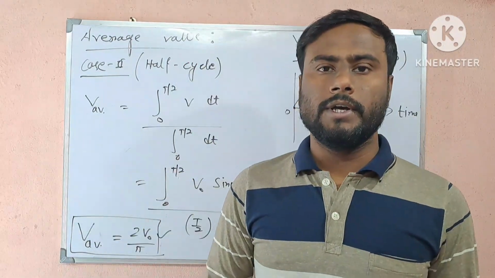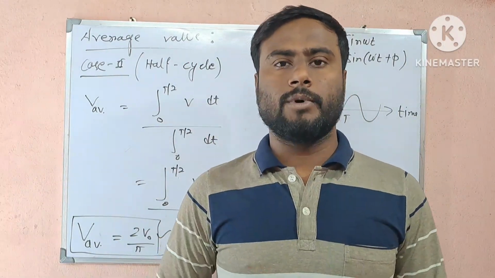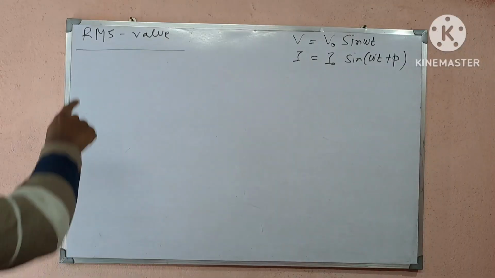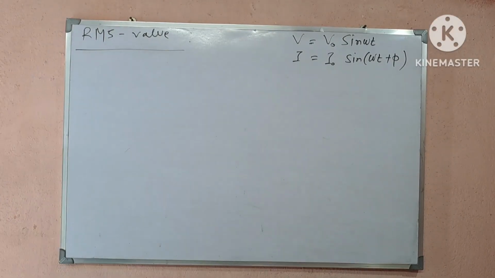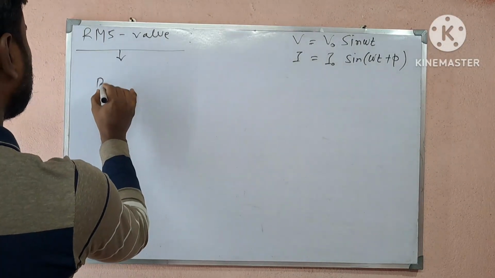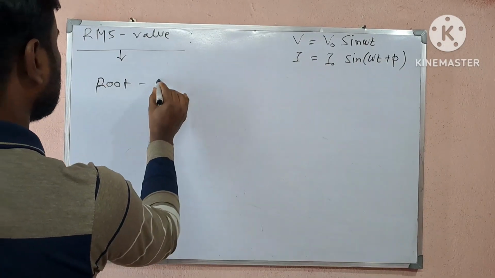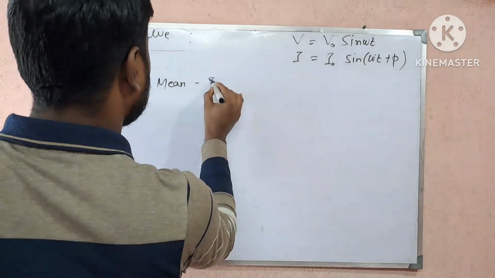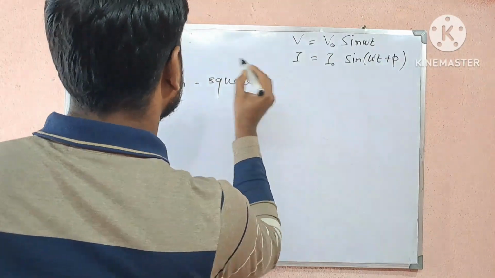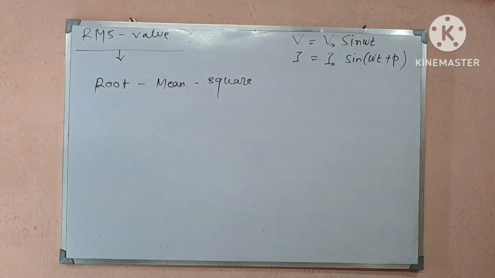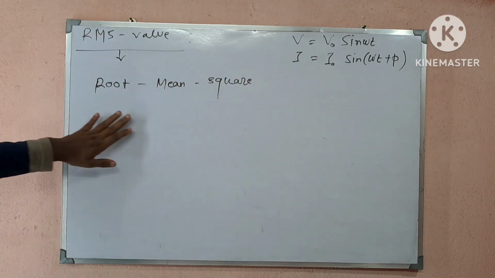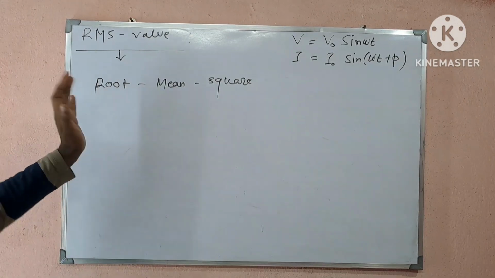Now we will calculate the RMS value, which is very important for exam purposes. RMS value. What is the full form of RMS? The full form of RMS is root mean square value. Now, at the time of solving numericals, you have to deal with it from behind.